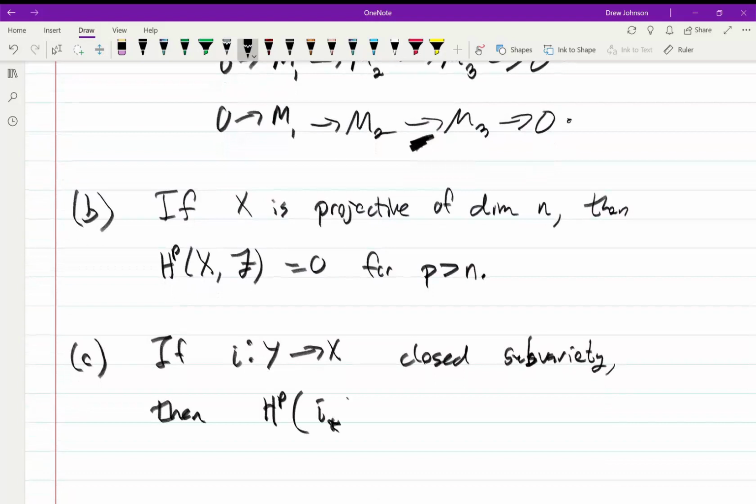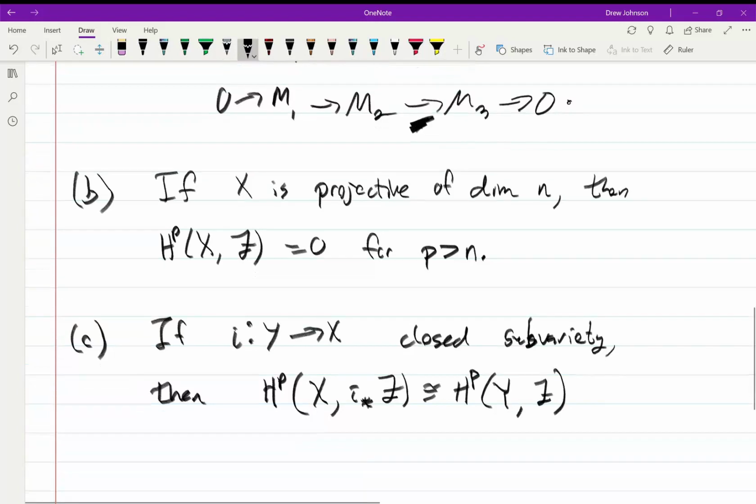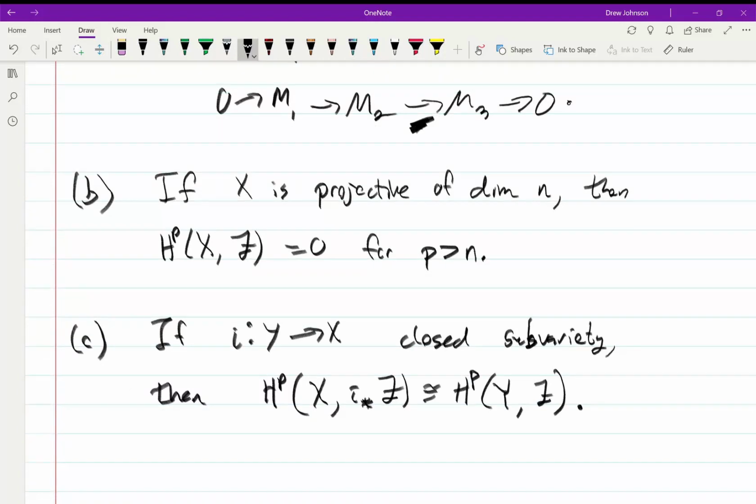If you have a sheaf on Y and you push it forward, so let's write it like this: H^p(X, the push forward of F) will be the same as just taking the cohomology of the sheaf on Y. Okay, so this shows that the cohomology is not sensitive to any extra things that are happening away from the support of the sheaf, right? So if the sheaf is really a sheaf on Y, it doesn't matter if you put Y into a bigger space, you still have the same cohomology.